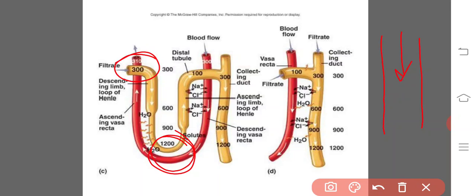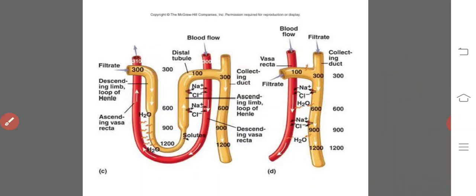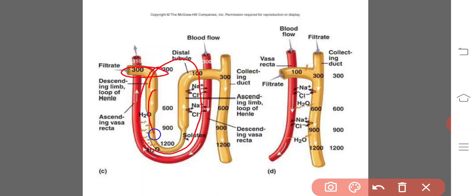In order to understand the countercurrent mechanism in the first phase clearly, we have to see how the filtrate moves from one region of the nephron to another. This brown colored one is the nephron: the proximal convoluted tubule, Henle's loop, distal convoluted tubule, and the collecting tubule or collecting duct.